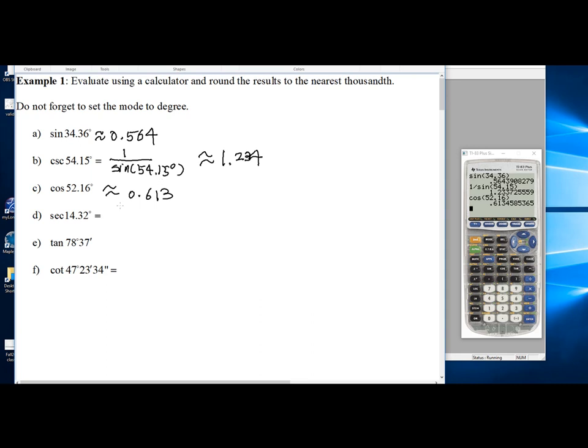And now here's secant 14.32. In that case you would enter 1 divided by cosine of the angle, because by the reciprocal identity secant is 1 over cosine.